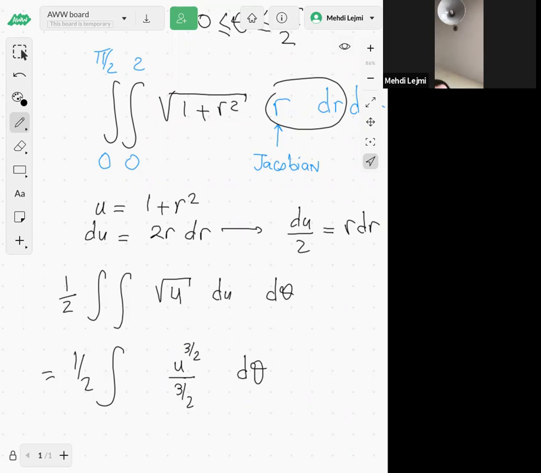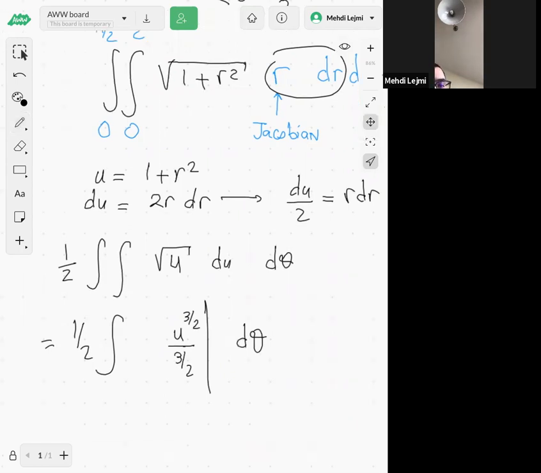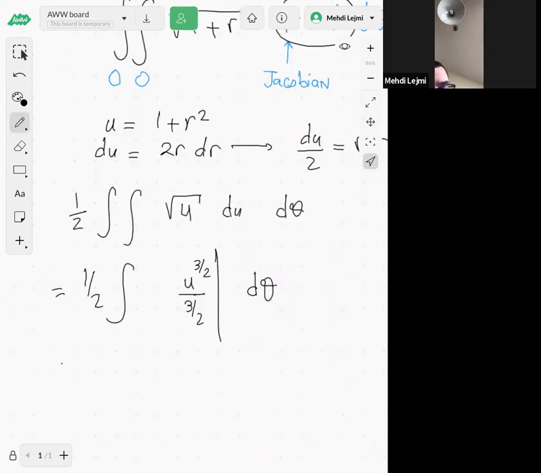But then u is equal to 1 plus r squared, let me write it down for you. So this is half, and you flip the 3 over 2, that would be 2/3. So this is times 2/3 here, and this would be 1 plus r squared to the power 3 over 2.